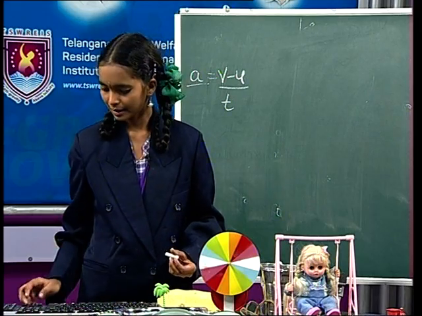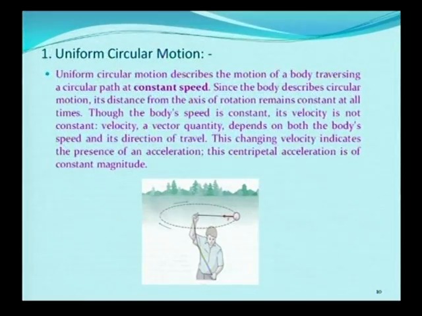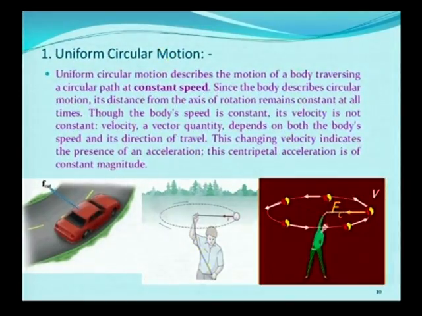So, let us see the examples for uniform circular motion. I already showed the examples. The object is here in the first figure. We can see that the car is moving in a curved path. When the car is moving in a curved path, then what happens? The velocity is changing, but it is moving with constant speed.